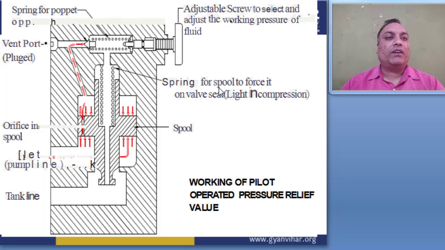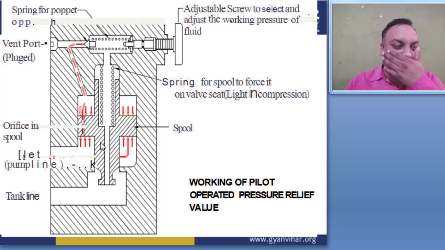Here this is the spring for the spool to force it on the valve seat, lightly in compression, and this is the spool chamber. Here is the orifice in the spool, and here the input line is connected, and this is the tank line, right?